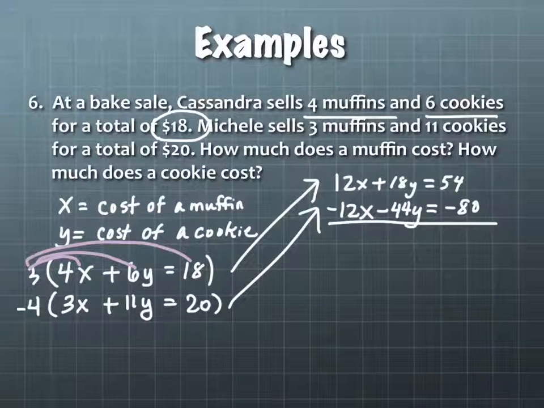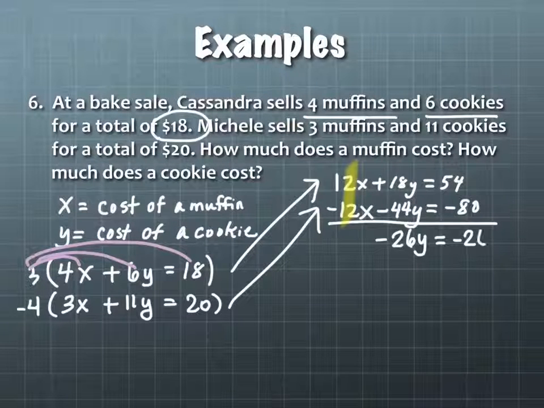And then I'm going to add down. So these two cancel. I have positive 12x, negative 12x, that's 0. Next one, I have 18y and negative 44y. What does that add to? First of all, it's negative, right? Negative 26y. And then 54 and negative 80 happens to also be negative 26.